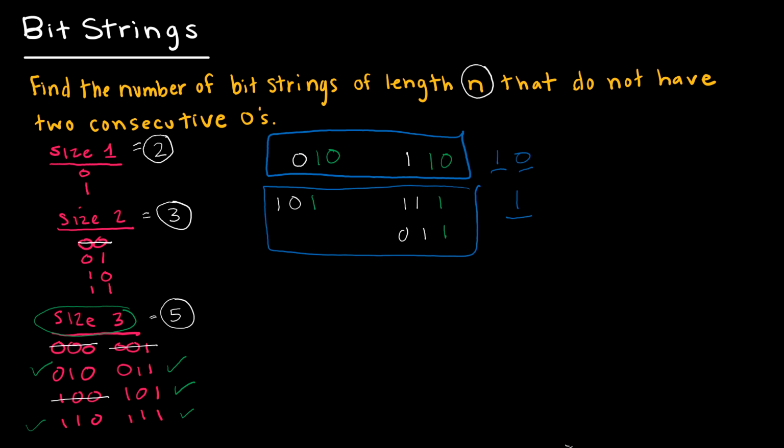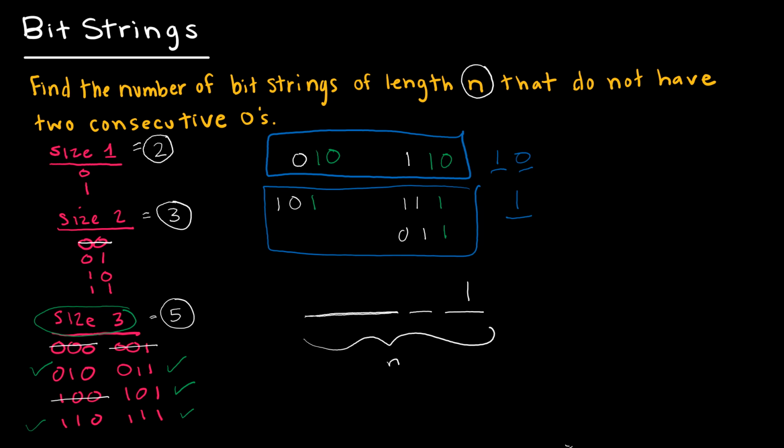Well, it does make sense, because what I'm basically saying is if I have a total of n bit strings, and the last bit is a 1, then it doesn't matter what the value is right before it. It could be a 0, because 0, 1 doesn't break any rules of having 2 zeros in a row, or it could be a 1, because having 2 ones in a row doesn't break any rules.